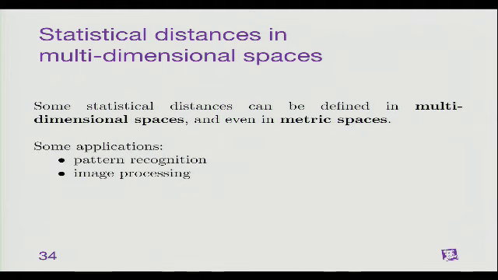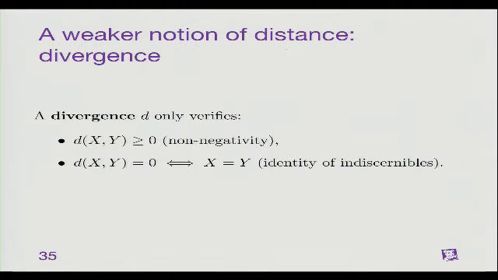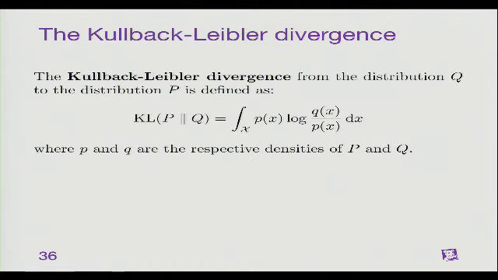For example, in the two-dimensional case, you can define the Earth-Mover's distance in a two-dimensional space, and you can use that to say how close two images are. There is also a weaker notion of distance, which is the divergence. The divergence only verifies the non-negativity and the identity of indiscernibles. And one specific case is the Kullback-Leibler divergence.